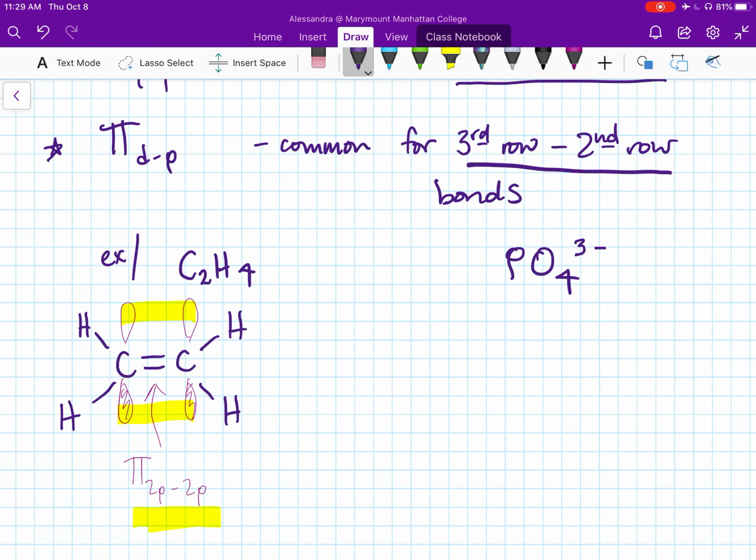But let's take a different example, phosphate. Let's draw the Lewis structure for phosphate. Phosphate is PO4 3 minus. And the reason it's PO4 3 minus is because if you try to draw the Lewis structure and you want to reduce the formal charge on phosphorus to 0, you need to double up one of the bonds between oxygen and phosphorus.